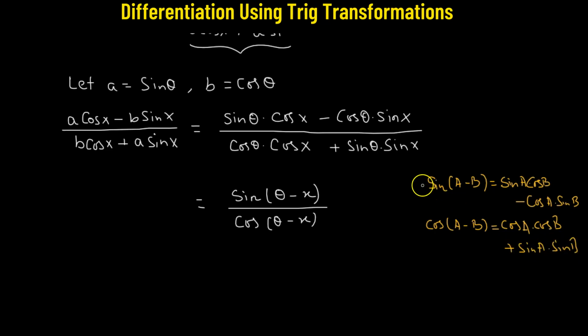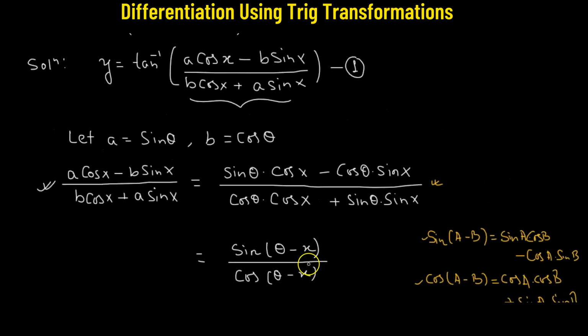So in both the two cases, we've considered a to be equal to theta and b to be equal to x. And when we do that, we get the expression as given by this particular expression. Now, the ratio sine over cosine, that's a tangent function. So we have successfully converted our given expression within the parentheses into some tangent form.